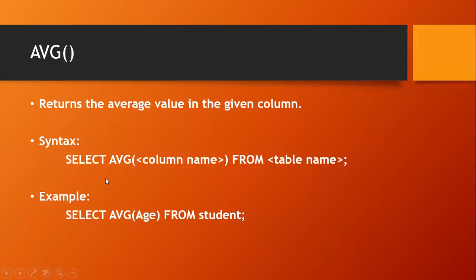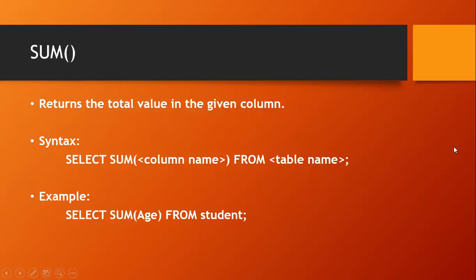The syntax is select AVG, in the bracket you specify the column where you want the average, from table name. Suppose I just want to display the average of the age from the student table, how can I write the query? Select AVG, in the bracket the column name age, from student.